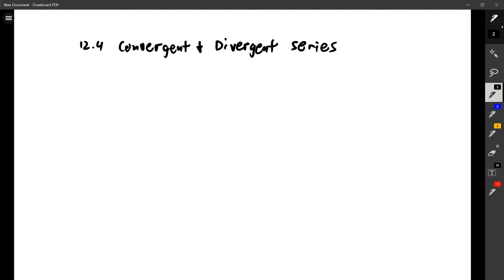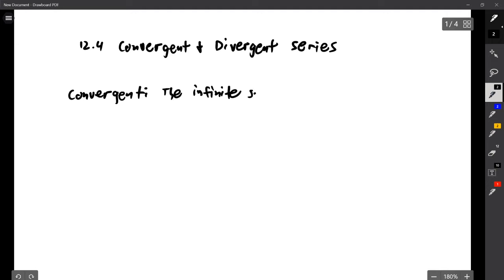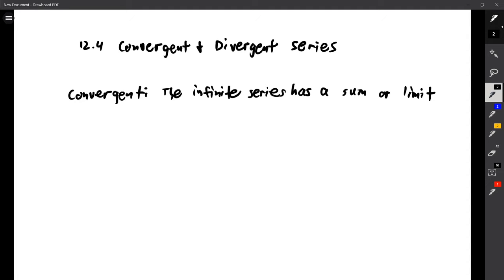Okay, convergent. We can say this: the infinite series has a sum or limit. By has a sum, we mean has a finite sum.